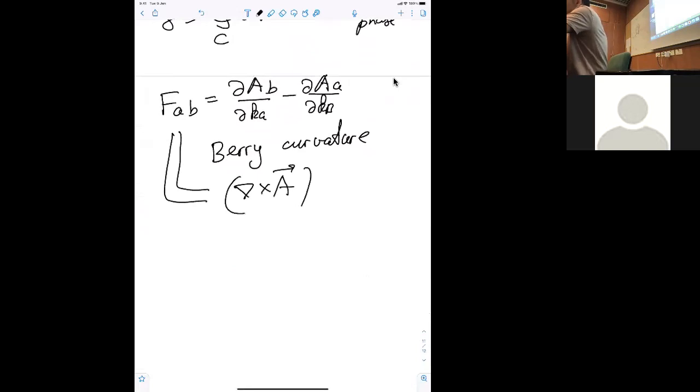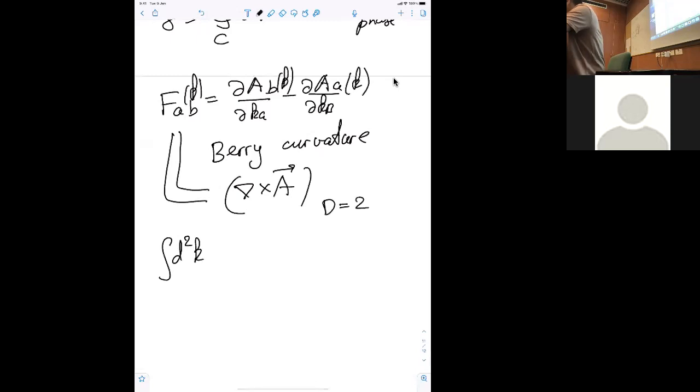Now you can take this Berry curvature. It's a function of K because everything here is a function of K. You can take this Berry curvature, so it's a curl, and you integrate this curl. Okay. So let's decide that we want to be in dimension equal to two.